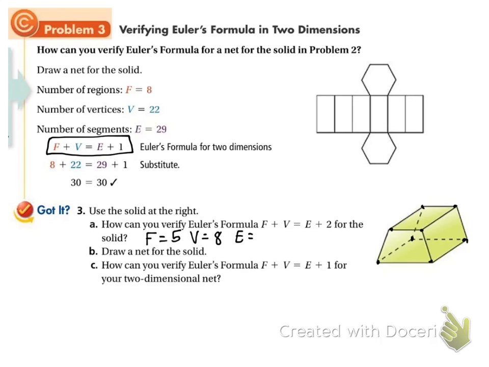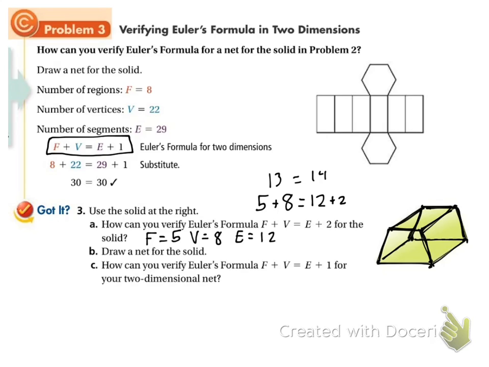And edges, I have 1 through 12. So if I plug that in, I get 5 plus 8 is equal to 12 plus 2. That gives me that 13 is equal to 14. So I screwed something up there, right?